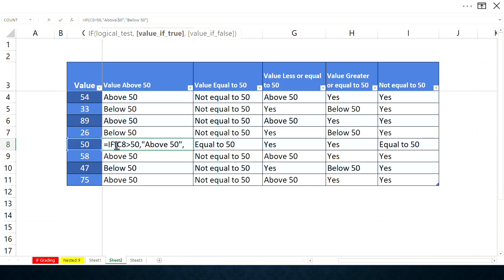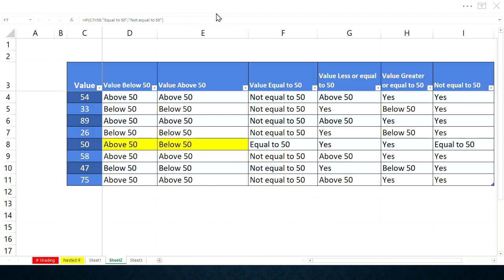The value we are checking is whether it is equal to 50. And then in the result, we are being told it is below 50. 50 is below 50? This is erroneous. Okay? It comes out erroneous.